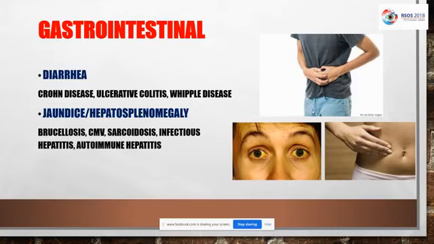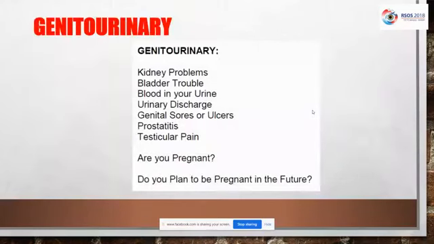In those patients with a history of jaundice with infectious hepatitis, like hepatitis A or B or C virus, this is very important. And autoimmune hepatitis as well can be one of the causes that can be associated with uveitis in the eye. So this is related to the gastrointestinal tract symptoms and the liver.